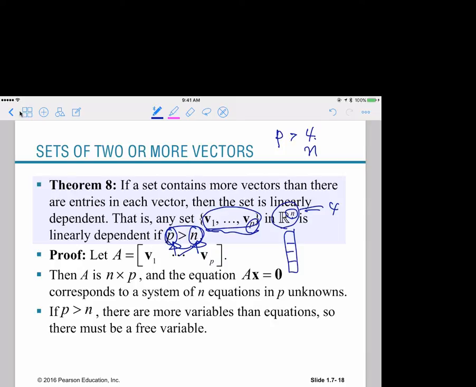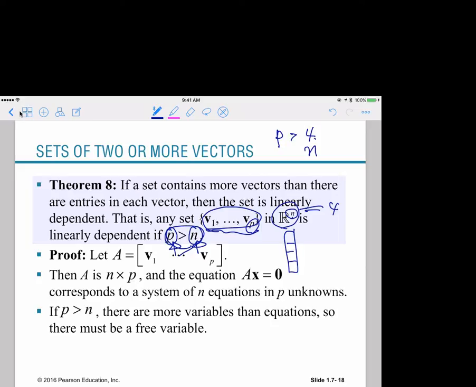We consider a 4-dimensional vector space, but we are given 5 vectors living in it, and then they are automatically linearly dependent. That's what this theorem says.